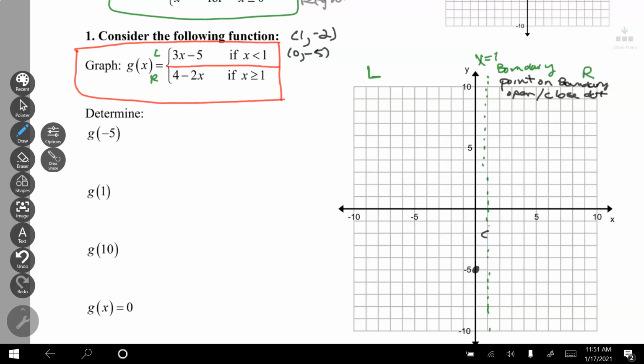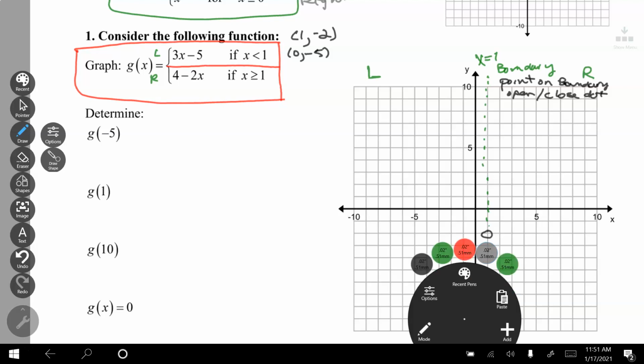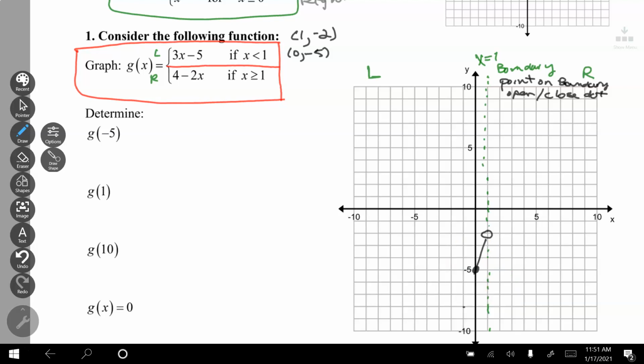So I'm going to make an open dot here. And then, once I have 2 points, I'm going to draw only on the left side of the boundary. I could go down 3. And here is my left piece in black.